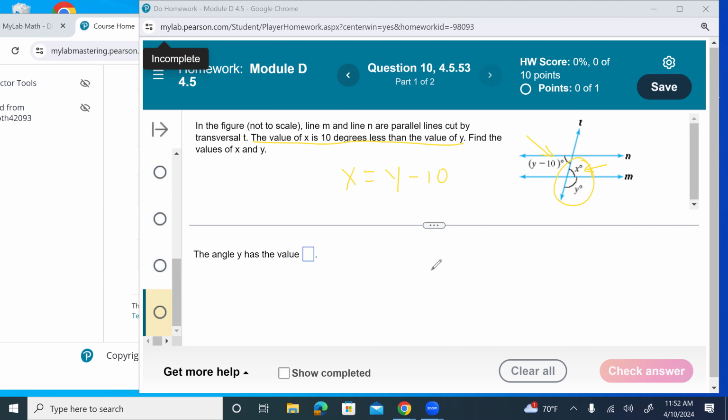If I go all the way around the circle, that's 360. Halfway around the circle, 180. So what do I know here from this picture? X plus Y equals 180. Half circle.